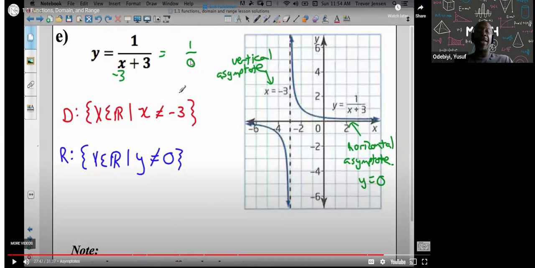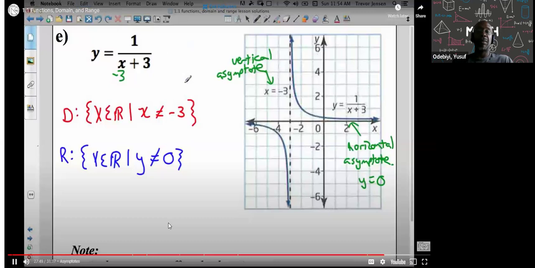You can never divide by 0. If you punch it in your calculator, 1 divided by 0 gives you an error. So it'll get close to -3, but you'll never touch it. And that's the reasoning for why you have an asymptote at -3.